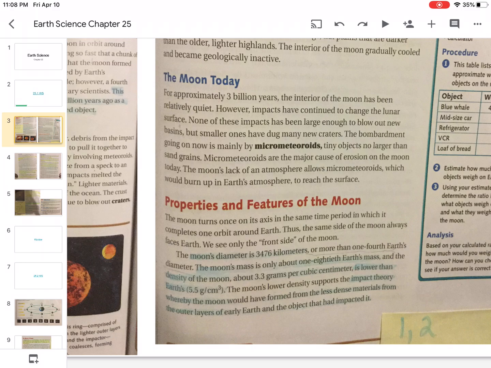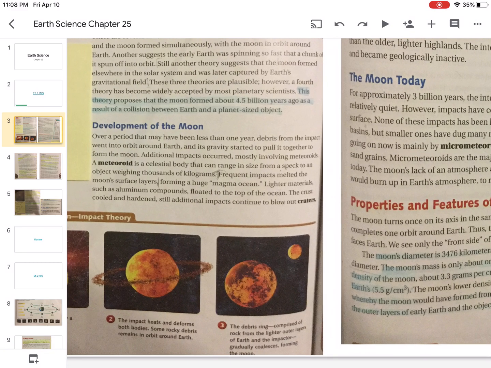Number 2, explain the impact theory and how the moon developed after impact. Let's go to this side.